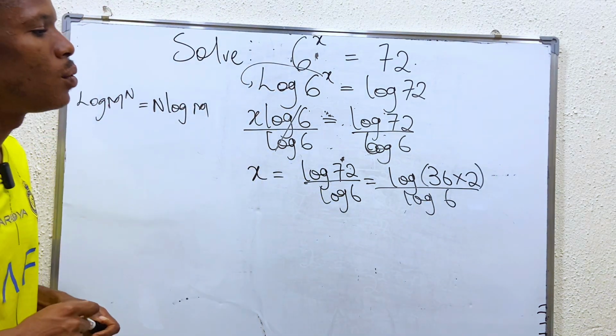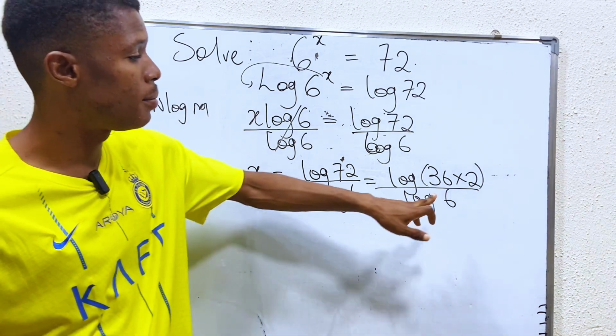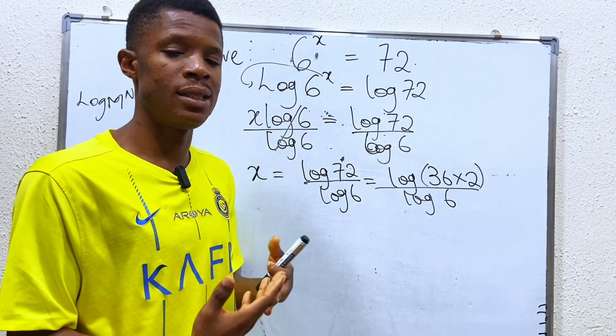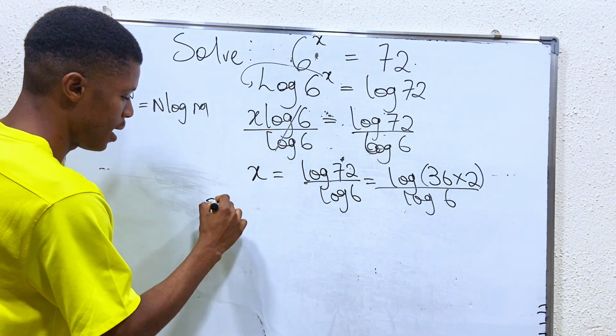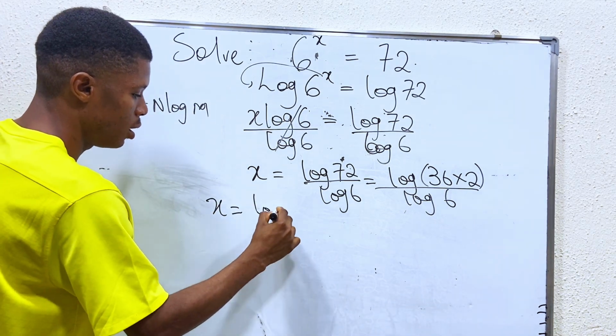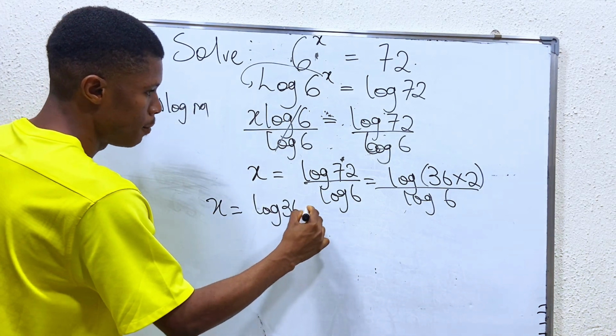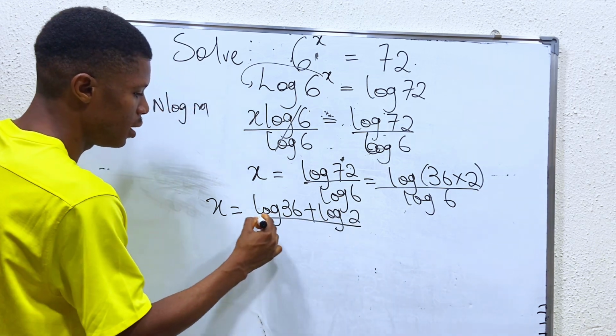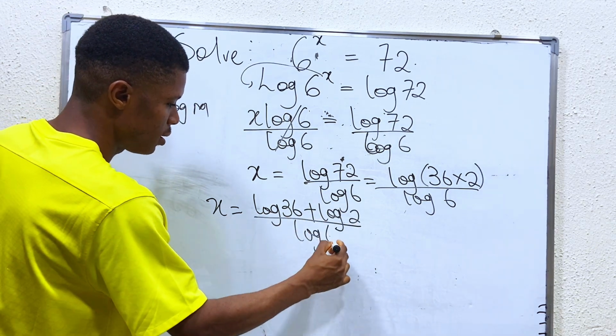So in multiplying numbers in logarithm, we are free to add them in terms of their logs. x is equal to log of 36 plus log of 2, over log 6.